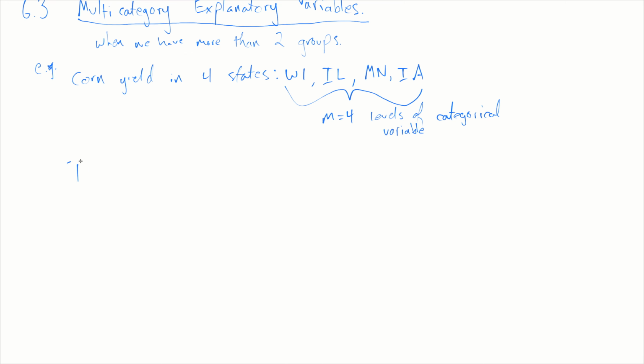To fit it as a regression, we need m minus 1 indicator variables. Let me show you why.